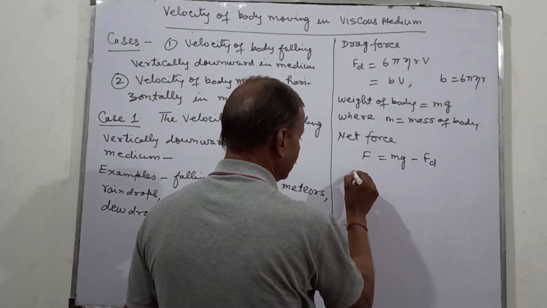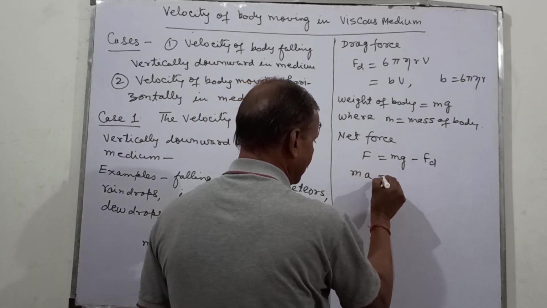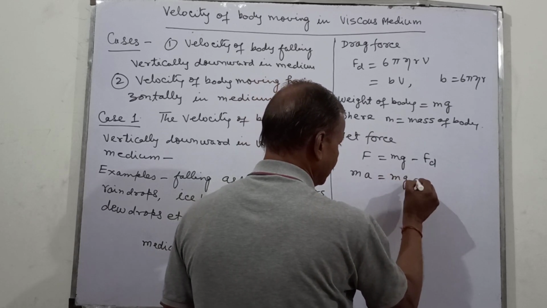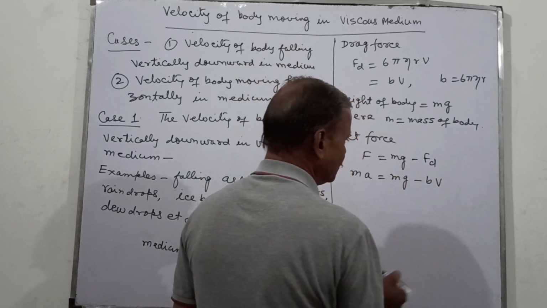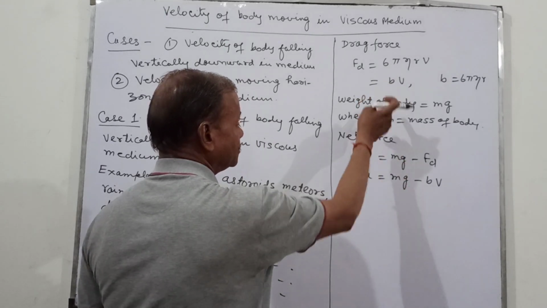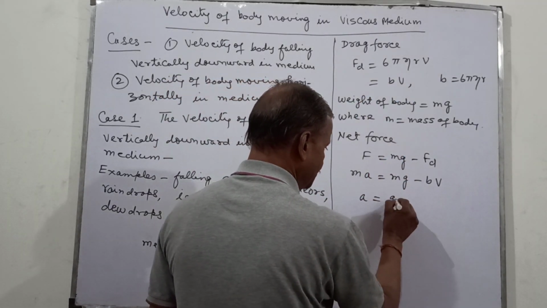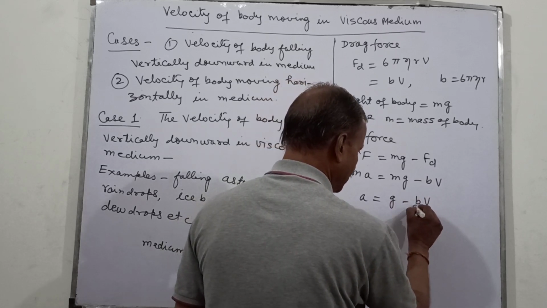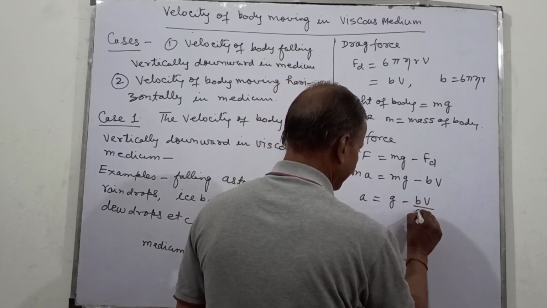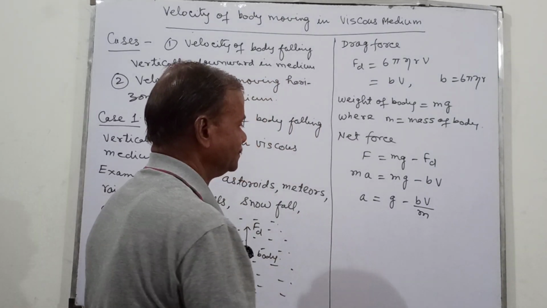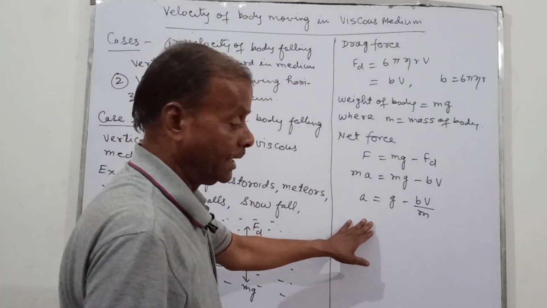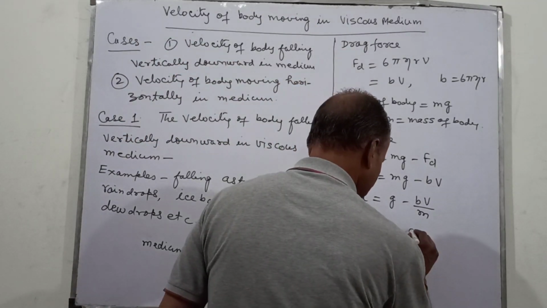So now F equal to ma equal to mg minus Bv. We have put the value. So this a equals g minus Bv upon m. This is the acceleration, and I have told you that this acceleration is like this one.